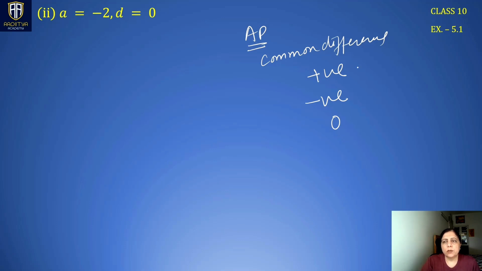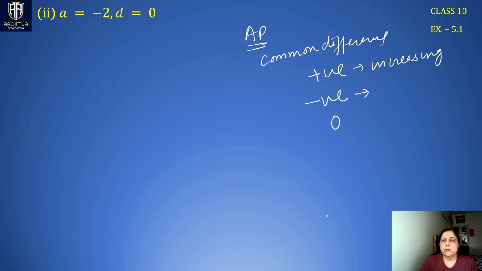Right? If the common difference is a positive number, it is called an increasing sequence. Because if we are adding a positive number to the existing number, we will have the numbers in ascending order. That means it is an increasing sequence. If we are moving towards the right, the values of terms will be increasing.